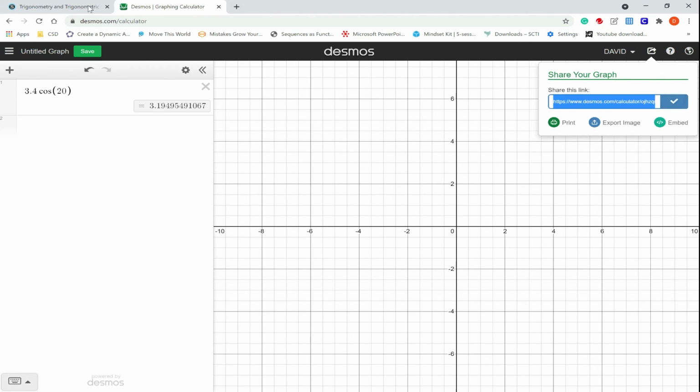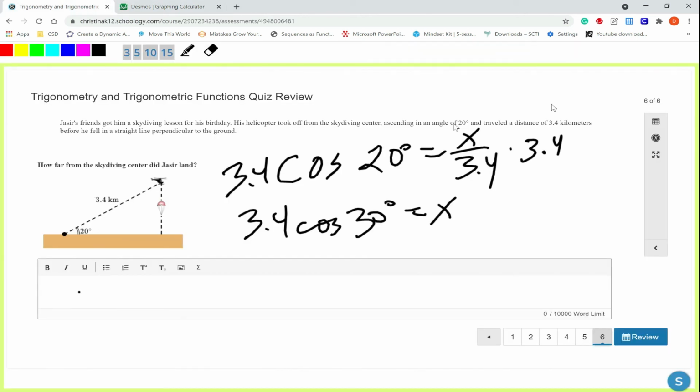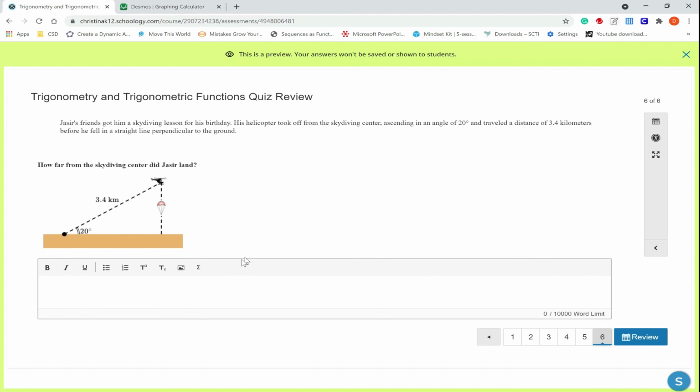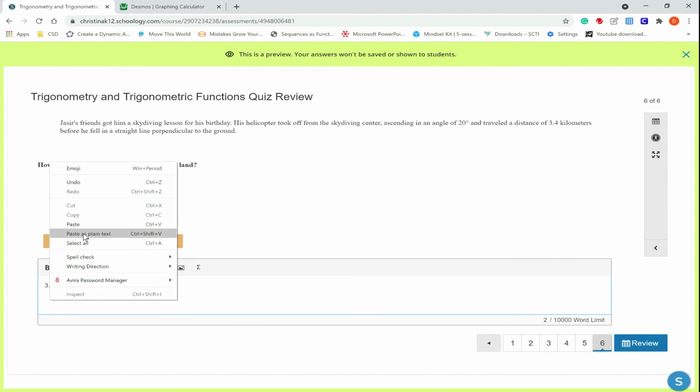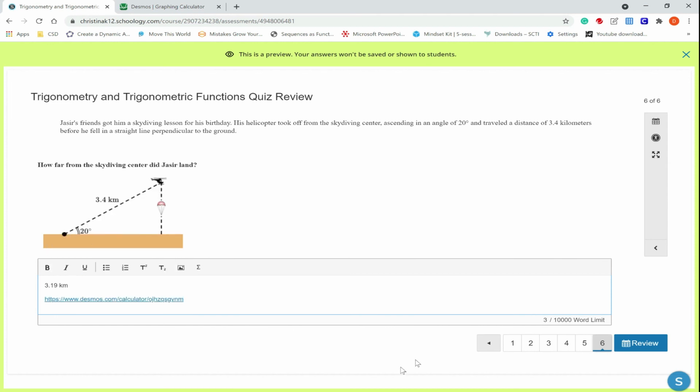So copy it. We can either just type in the answer, 3.19 kilometers, and if we want to show our work, they get partial credit. If we miss something, you just click paste and we're done. Hopefully this helps you have a better understanding on how to solve the trig and trigonometric functions for this last quiz.